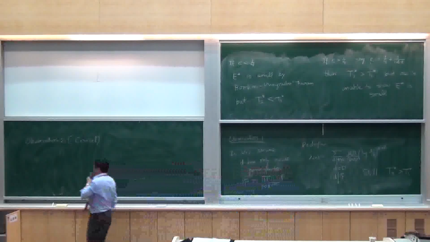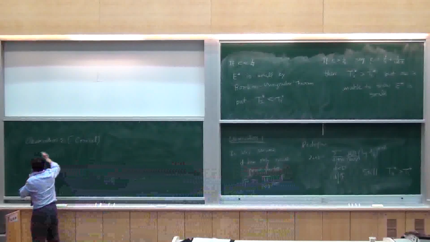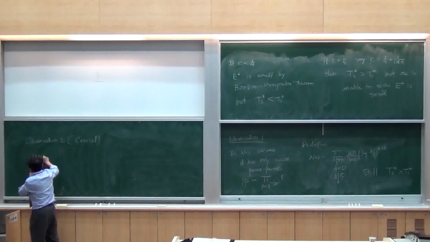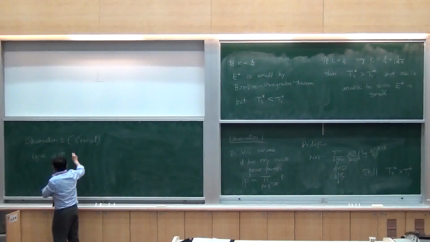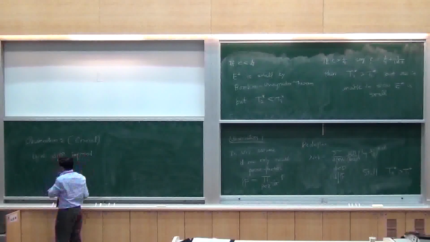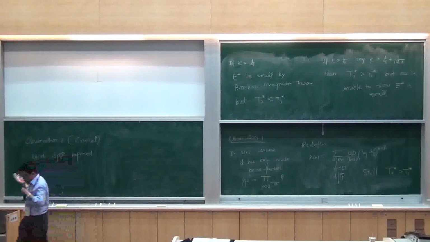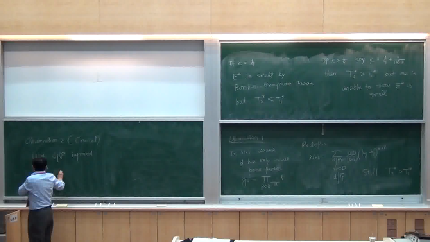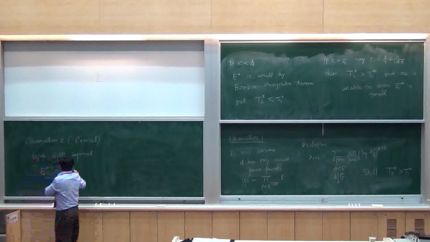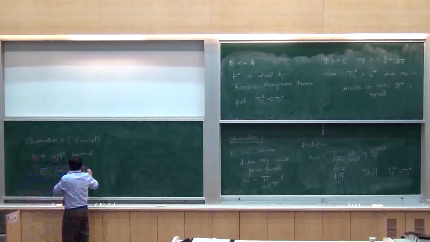That is, with the constraint on d imposed, the resulting error, which we call E star, can be efficiently bounded.